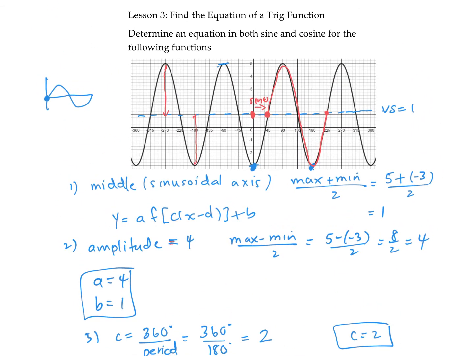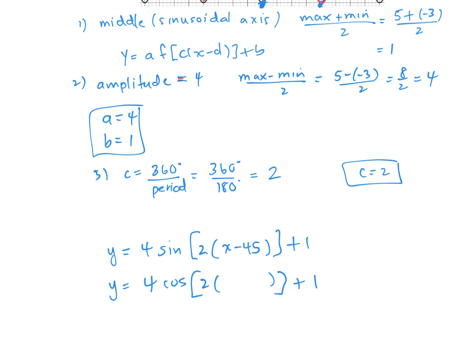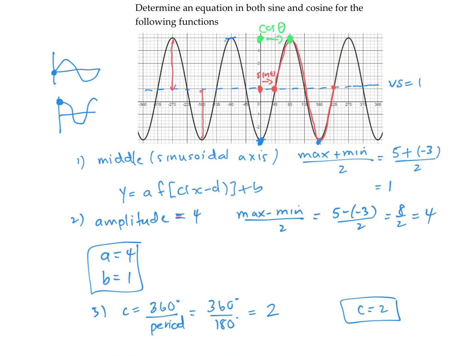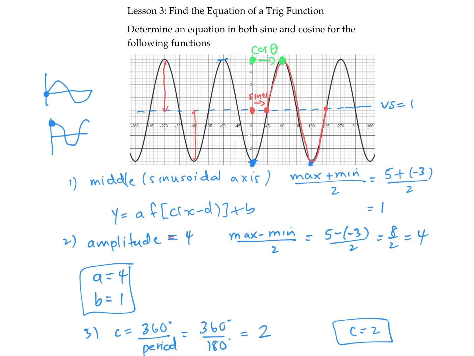If I were doing cosine, remember that cosine starts at the top. So normally cosine starts here, now it's over here. So the top has been shifted to the right 90 degrees. So this would be x minus 90. Now remember, there's more than one answer because it's periodic.